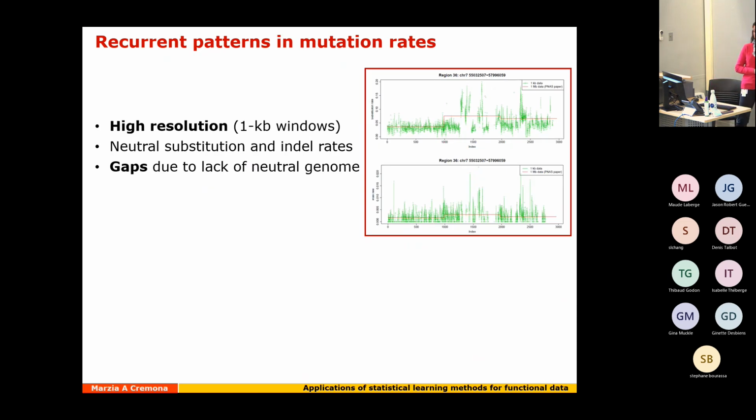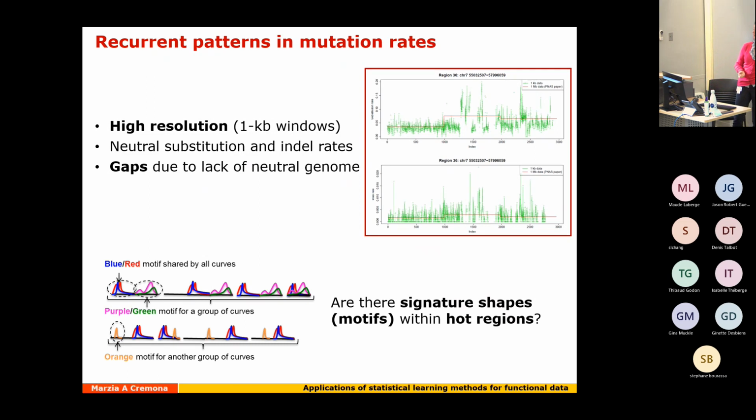So what we did was to consider these hot regions, where we have a lot of mutations, but at high resolution. We were considering 1 kb windows. We were again computing neutral substitution, insertion, and deletion rates. Basically, the data that you see here in red are the data from the previous study at 1 megabase resolution, and the green are our data at high resolution.